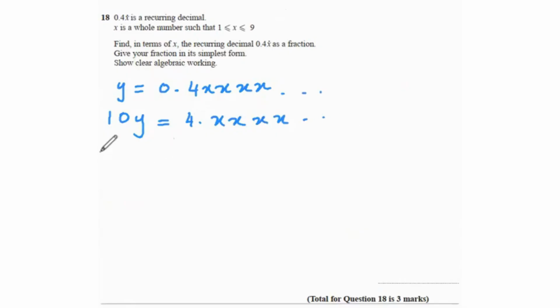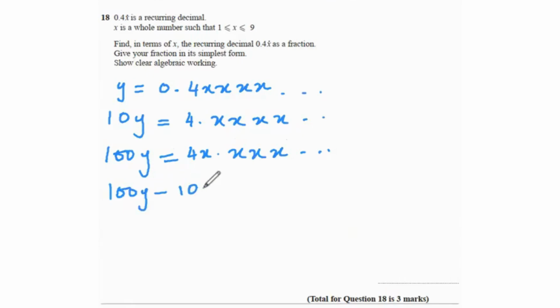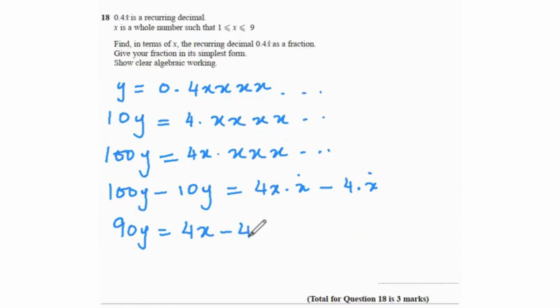If I multiply y with 100, that's going to be 4x point x recurring. If I subtract 100y and 10y, that's 4x point x recurring minus 4 point x recurring. That's going to be 90y equals 4x minus 4.